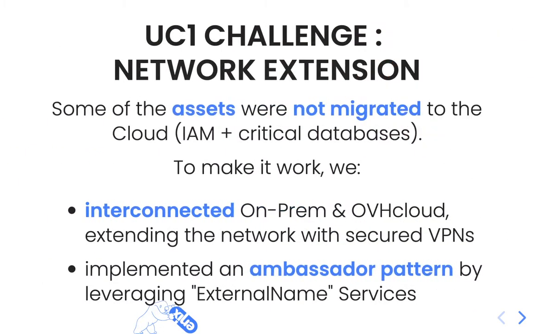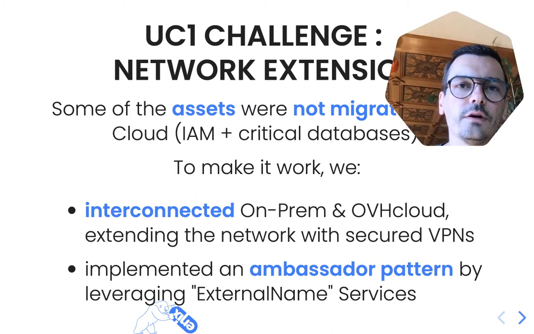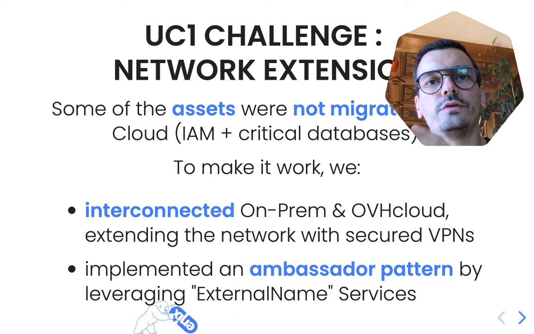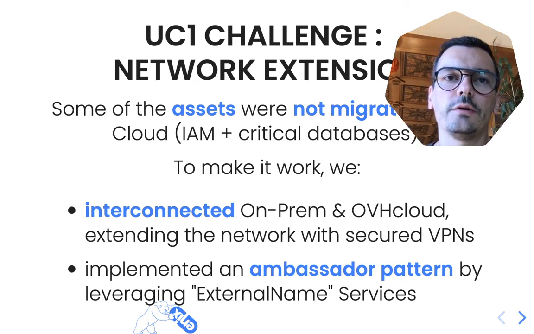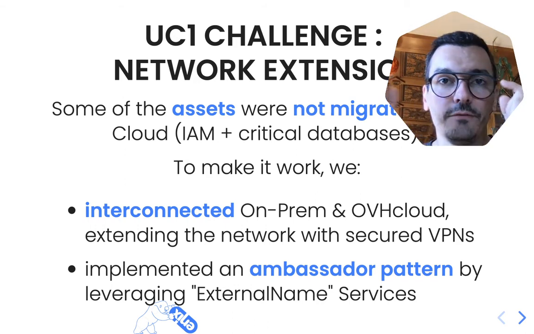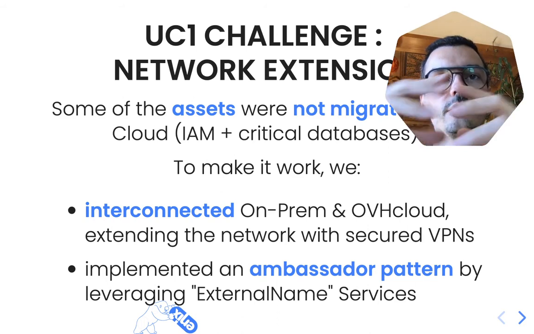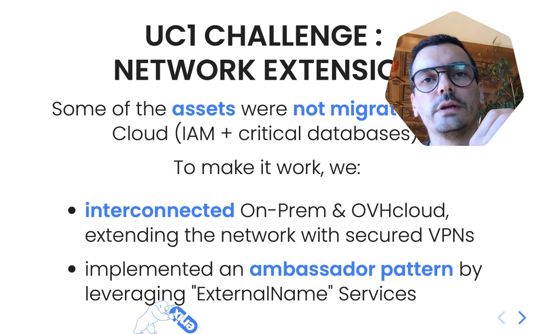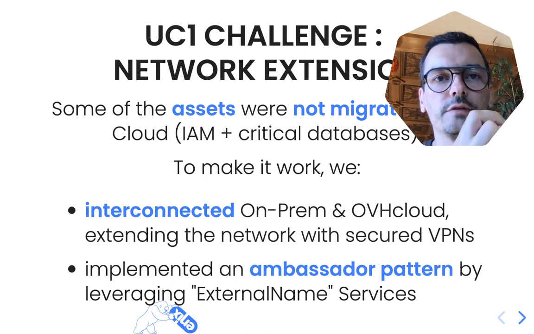The second challenge was about the network extension. As I said before, some critical stuff was left on premises. So we had to interconnect the existing on-prem infrastructure to the new one on OVHcloud. We had to build up VPNs and ensure the connectivity, layer 2 connectivity between the on-premises and the OVHcloud.